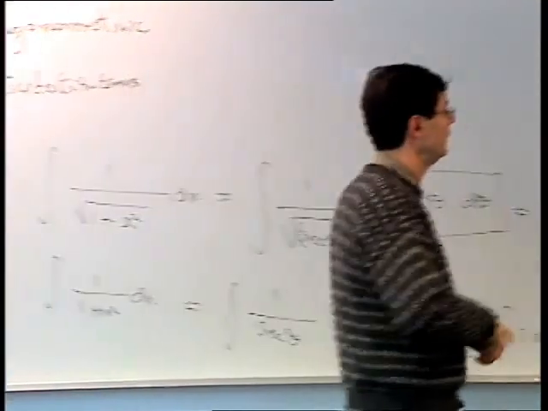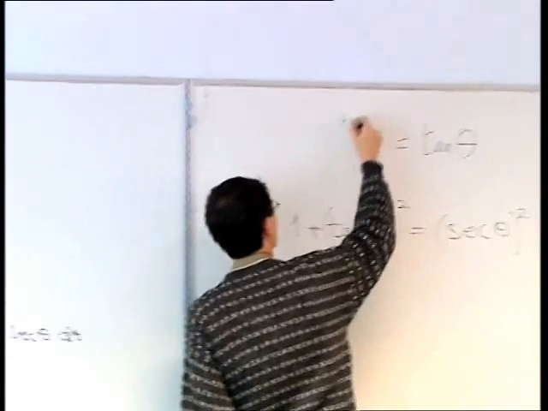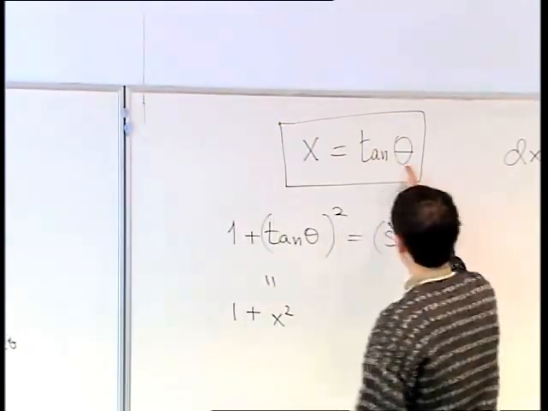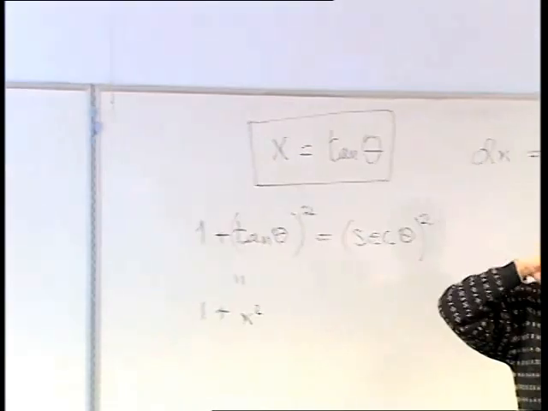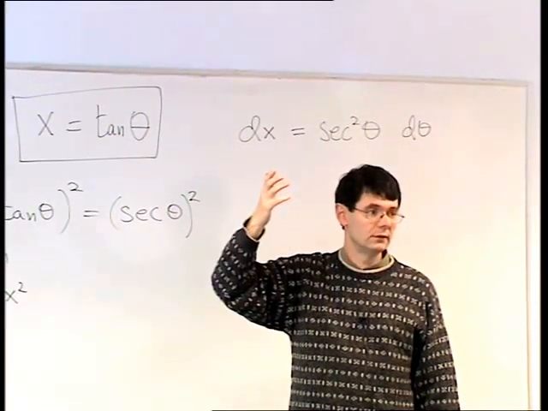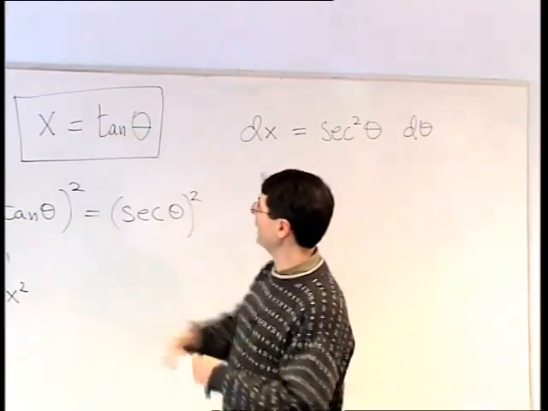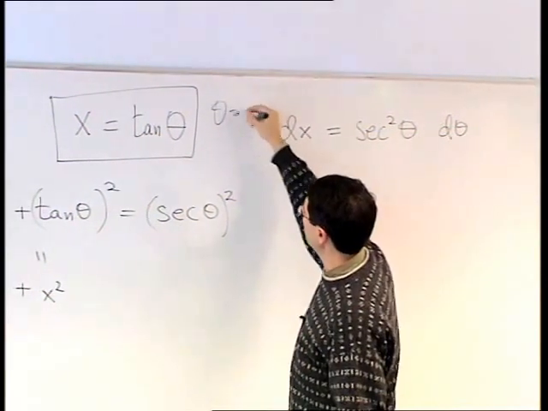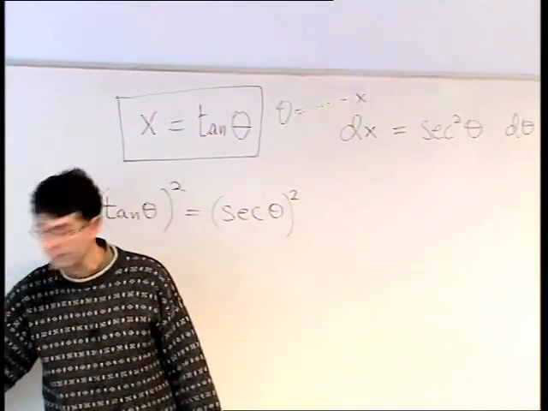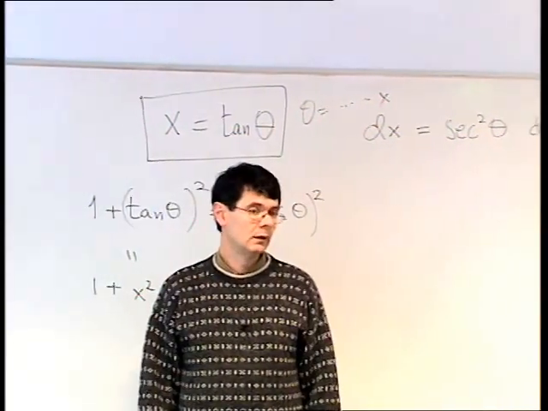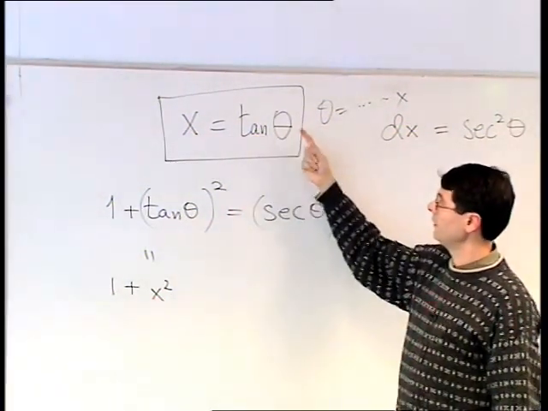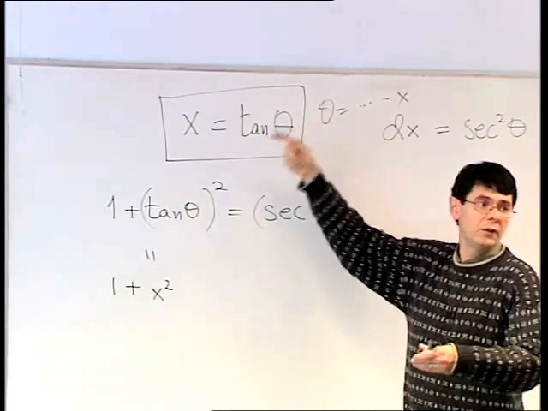Take a look. This is the relationship between theta and x. If you give me the value of theta, I can solve for x. Right? But I would like to reverse that. I would like to be able to write theta is equal blah, blah, blah with x in here. Because I have a theta here. So if x is tangent of theta, theta is the inverse tangent of x.